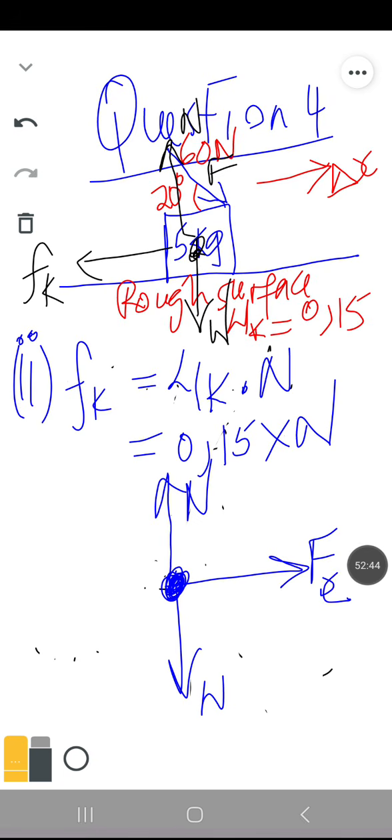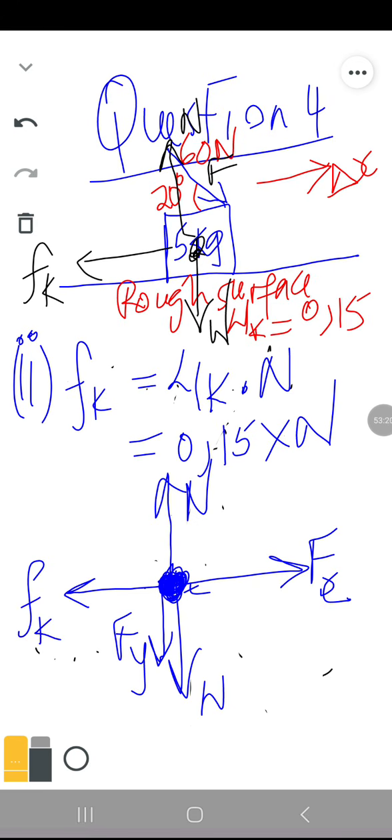Then here we're going to have F of Y, and for this one, remember, it will be moving down. You see, it's slightly different from the previous scenario. In the previous scenario, your F of Y was moving up. So you need to understand, this is very important. Then I'm having my frictional force here, which is your Fk, the kinetic frictional force. So this is the diagram with components.